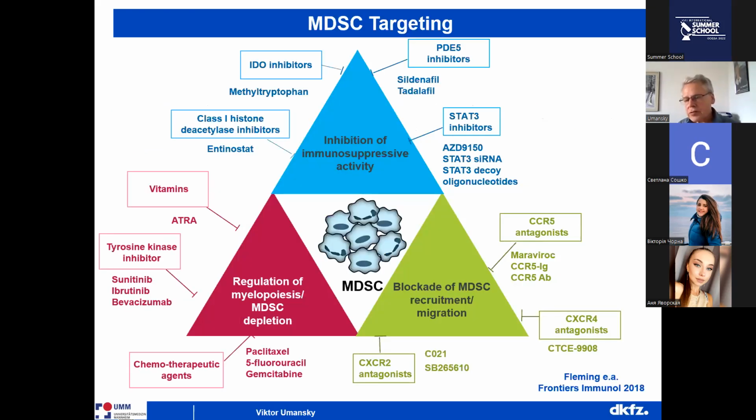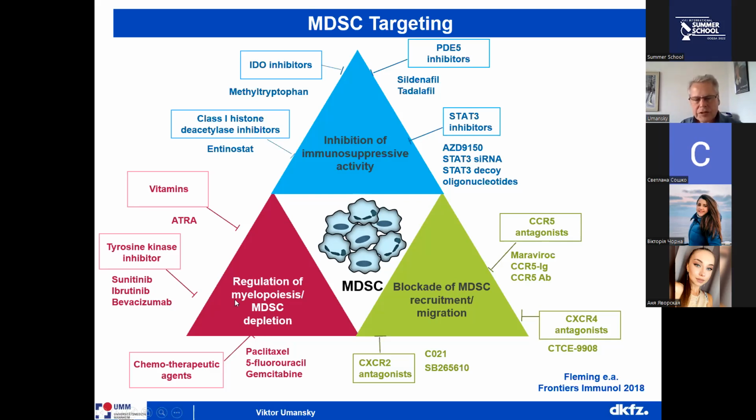Now we're coming to the second part of our discussion. How can we target MDSC? As I told, there are a lot of possibilities for MDSC to induce activity, and therefore, unfortunately, we cannot find a magic bullet which can be touched to inhibit, and then all MDSC can be silenced. Unfortunately, we have to use different approaches, and they can be divided into three groups.